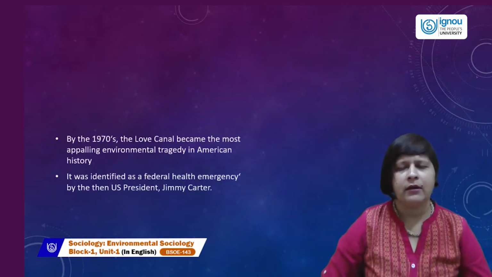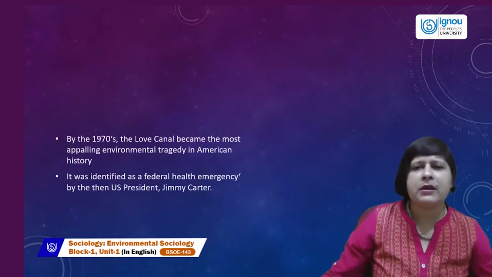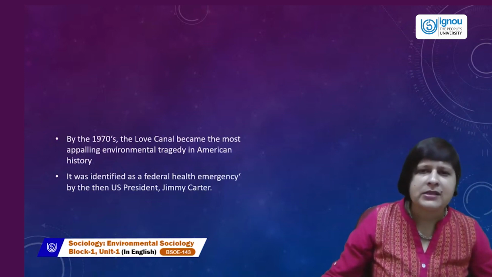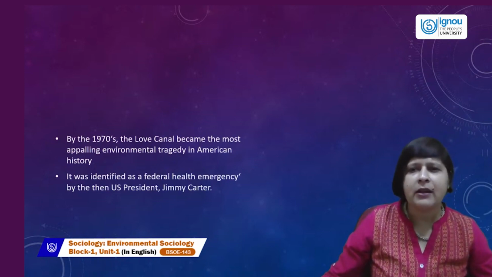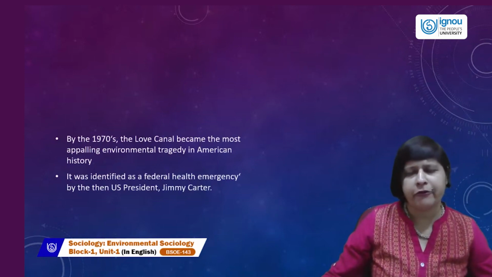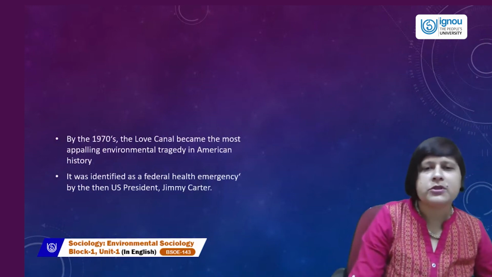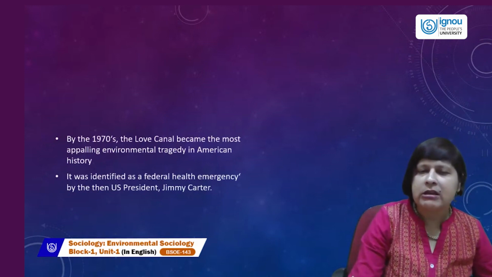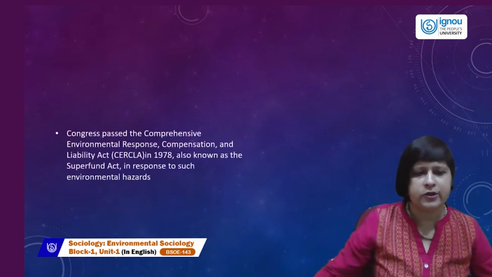Love Canal became a health emergency because this place had been used as a dumping ground for industrial waste, and this impacted the flora and fauna of that place, right? That's why the 1970s is known as the environmental decade.